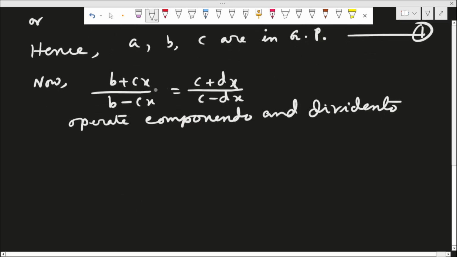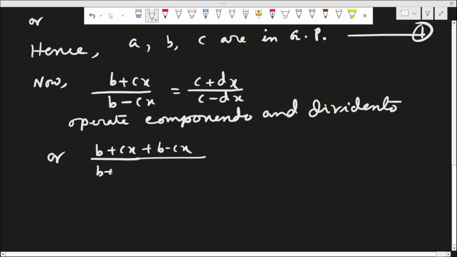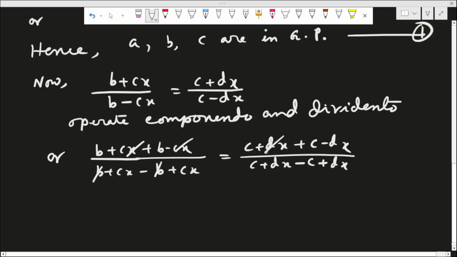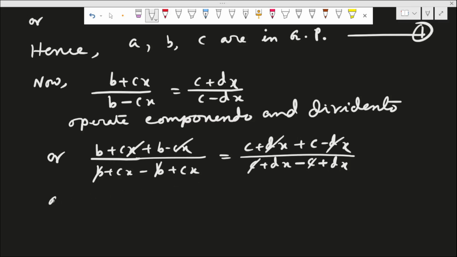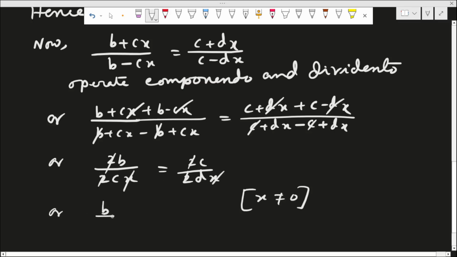What we will have now, not writing more as done before. x cancel, B cancel, x cancel, C cancel, B plus B 2B, 2 cancelled, here 2 cancel, as x is not equal to 0, x also cancelled, or B by C, C by D.